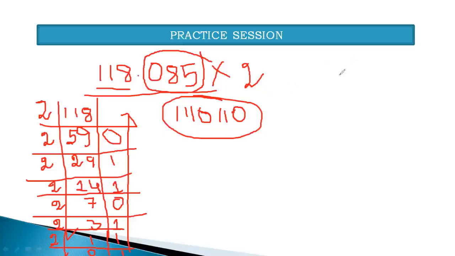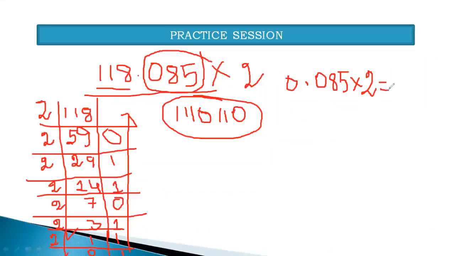Now 0.085. This is written just after the decimal. So we will consider 0.085 multiplied by 2. You just have to multiply by 2.